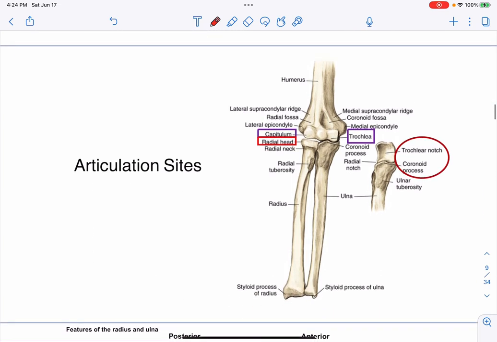So this is to drive home that point again, that the radial head is articulating with the capitulum of the humerus. And then we have the trochlear notch and the coronoid process that is articulating with the trochlea.